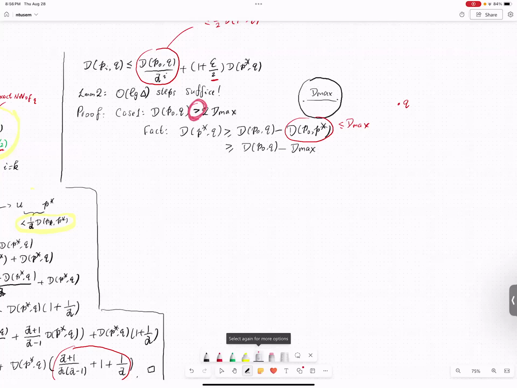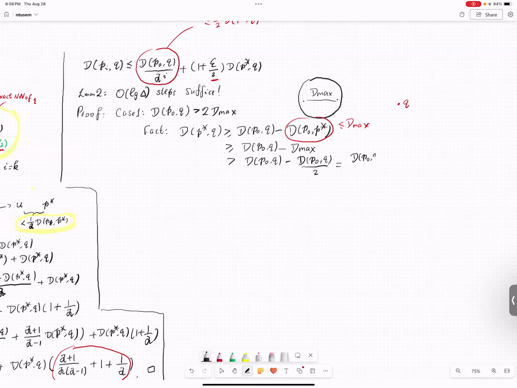Now I can utilize this inequality here. This is strictly larger than d(P0, Q) over 2, where once again I subtract something large.